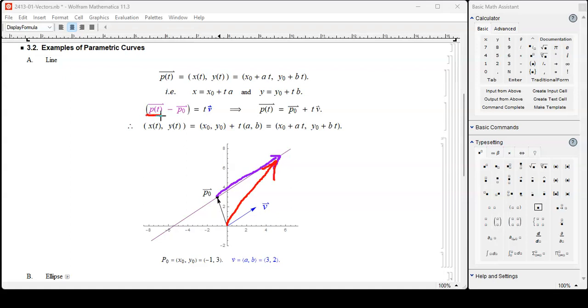So P of t, which I just highlighted in red, is actually this vector starting from the origin as a position vector from the origin. But if you take P of t minus P0, you see P0 is this one, black. Then black plus this purple is this red. So purple is this red minus this black, so that you get this.